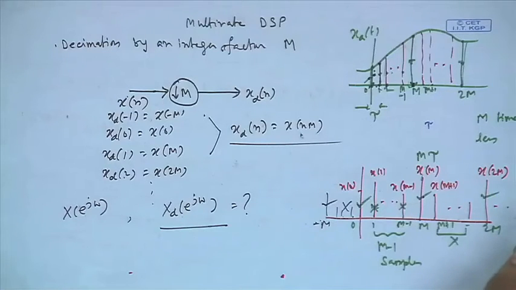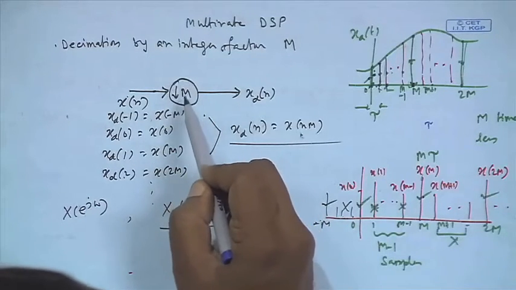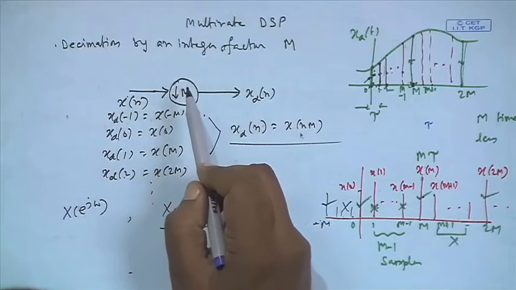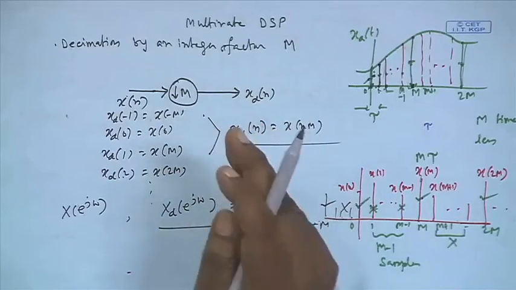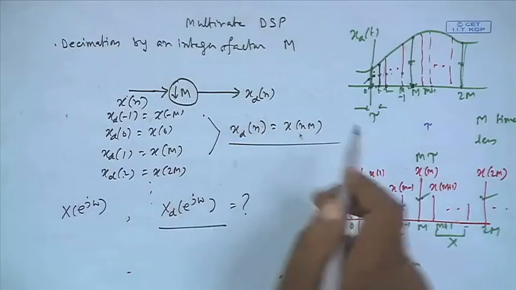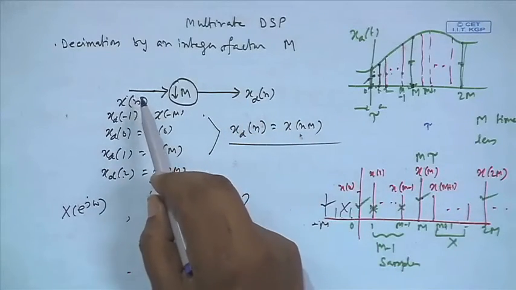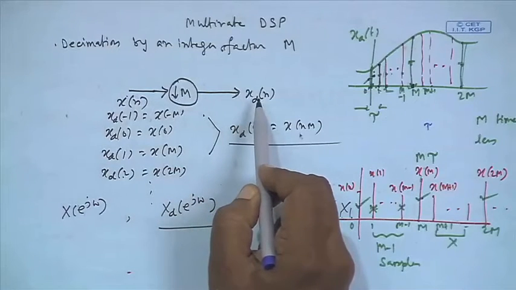Then this sequence will be called the sequence decimated by a factor M, and this is called a decimator. M is an integer, minimum value is 2, because there is no point in decimating by 1, that is you get back the same x n, tau remains tau. Okay. So, x n decimated you get x d n.